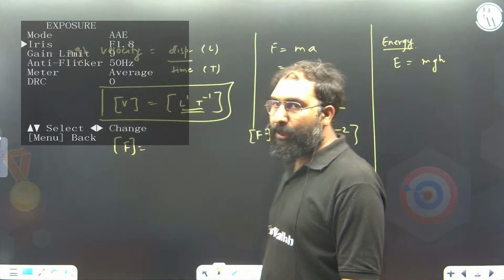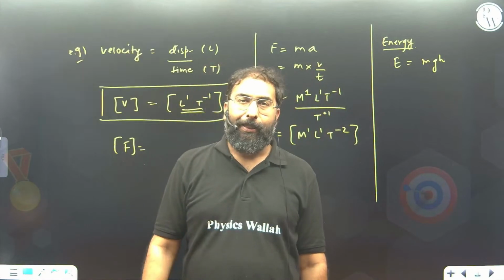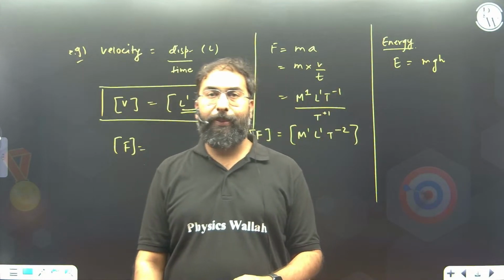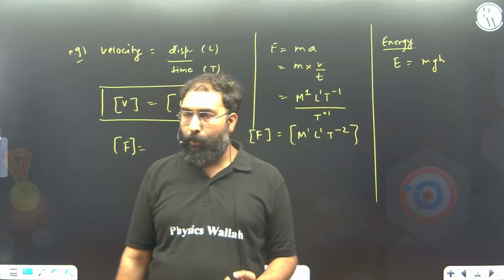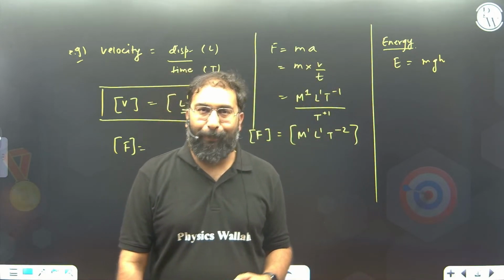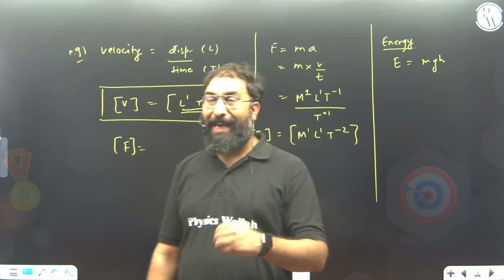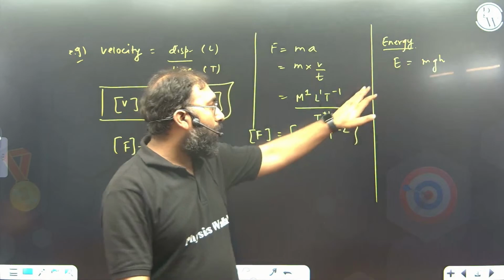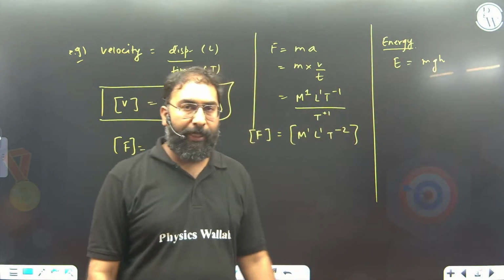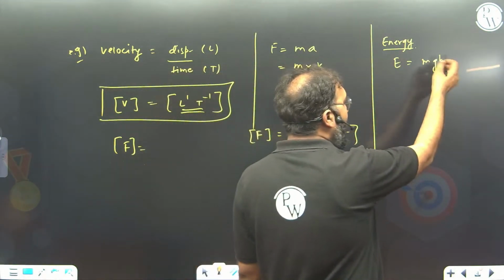Do you also remember this formula? Potential energy from the surface of the earth, assuming that at the surface I am assuming the potential to be 0, then at some height h the potential is going to be mgh. So if the potential energy is mgh, I am going to write down the dimension of this one.